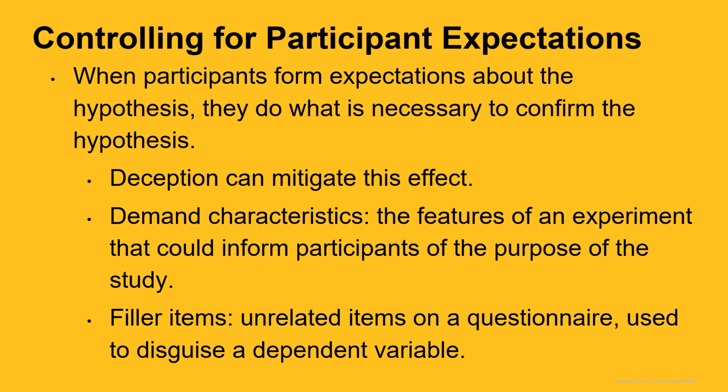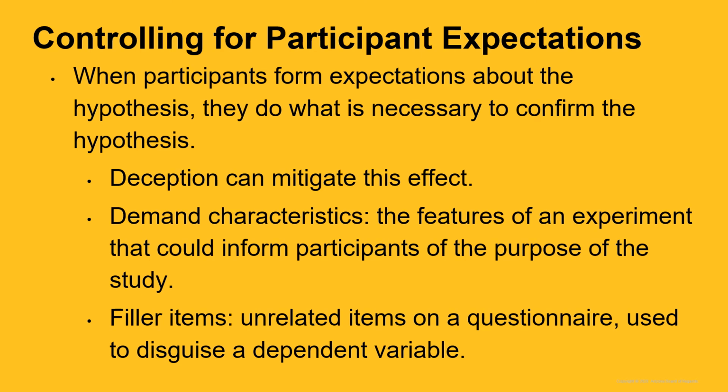One is to reduce the number of demand characteristics. In other words, we want to develop the experimental scenario in a way where the participant would walk into that situation and not be able to infer what's going on based off their surroundings or who's around them or any other factors. If we were going to take this a step further, we would want to make sure that when people are filling out questionnaires, the questionnaire itself doesn't give a participant enough of an idea of what's going on.